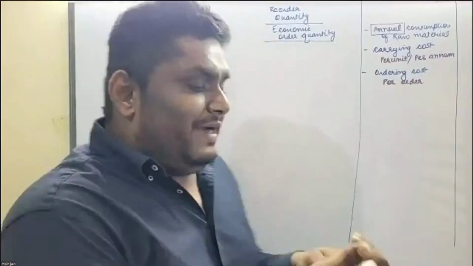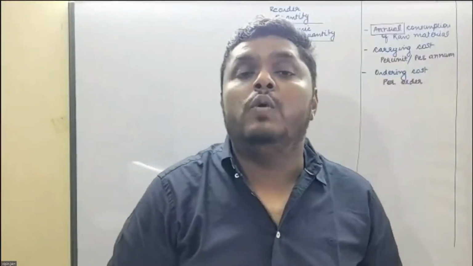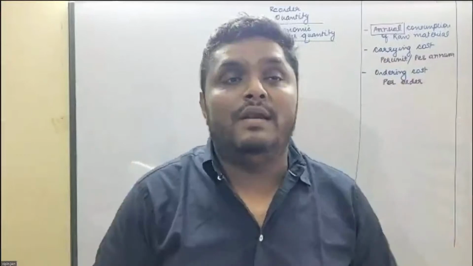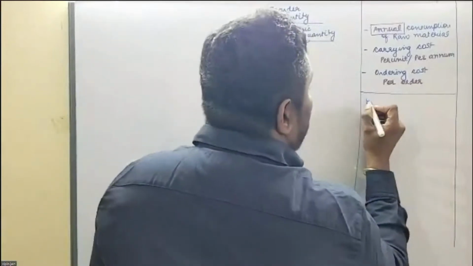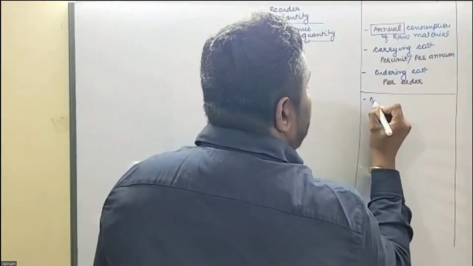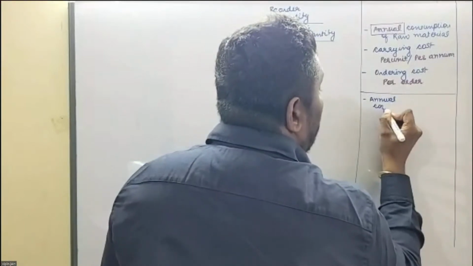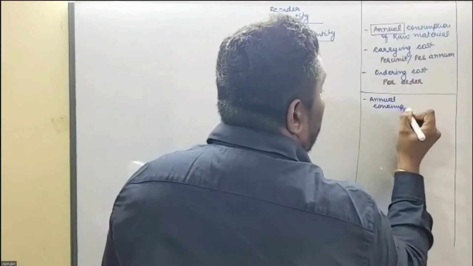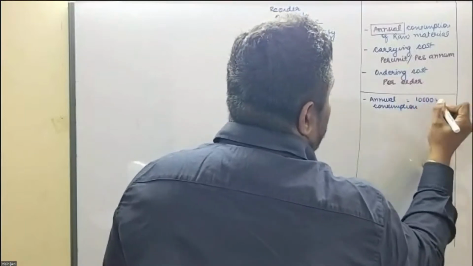Now, let's discuss how to calculate economic order quantity or reorder quantity या फिर order कितना करना है. Let's discuss this with the help of an example. Let's say my annual requirement or annual consumption is 10,000 units.